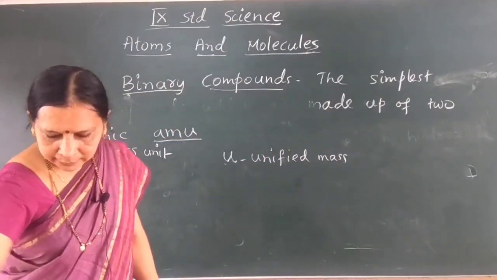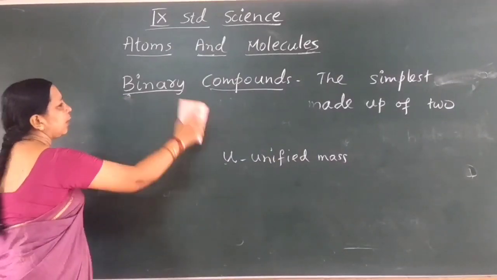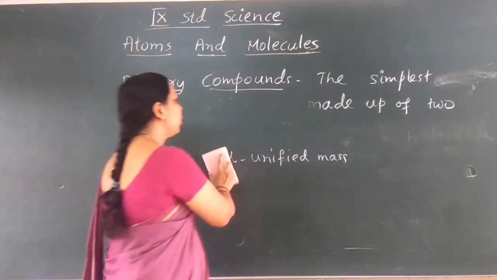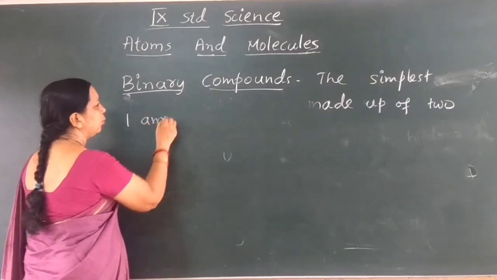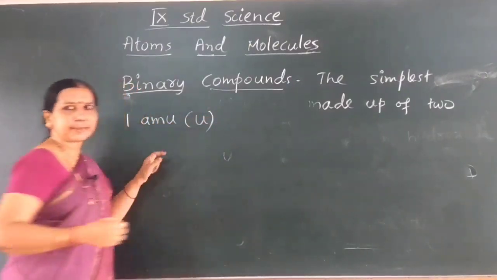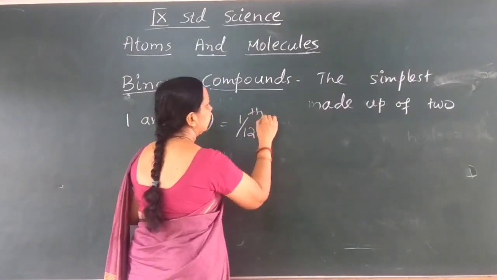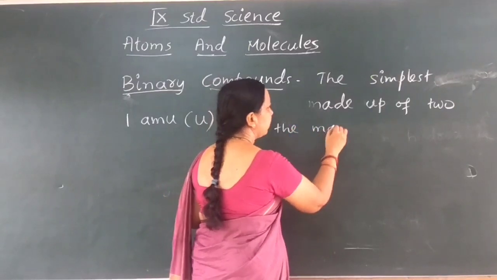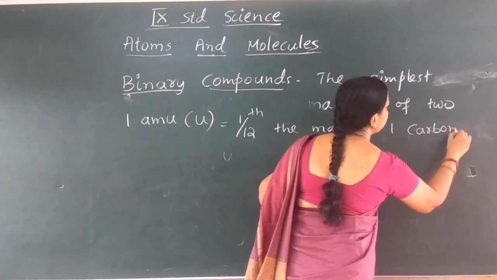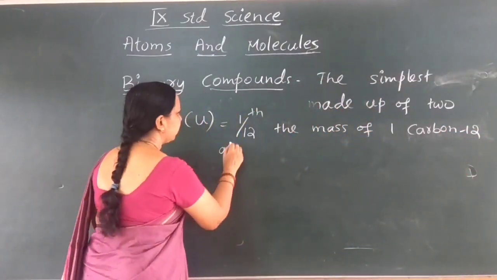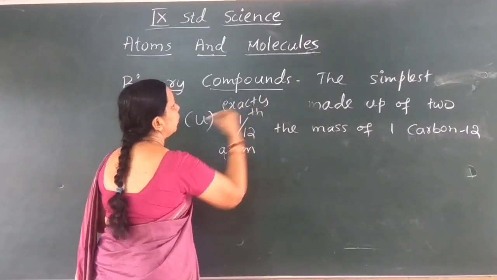Now, atomic masses are already calculated taking the reference of the carbon 12 isotope. So 1 atomic mass unit, or 1 AMU, according to IUPAC now, 1 u is equal to 1/12 the mass of 1 carbon 12 atom.